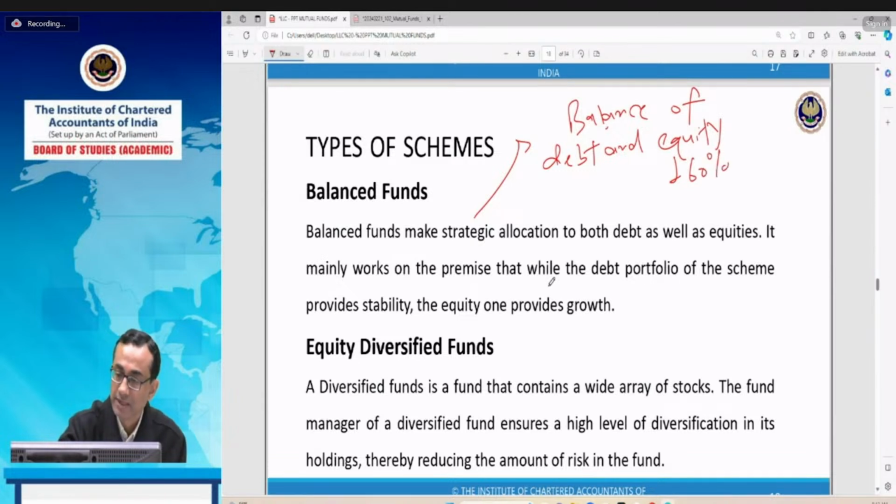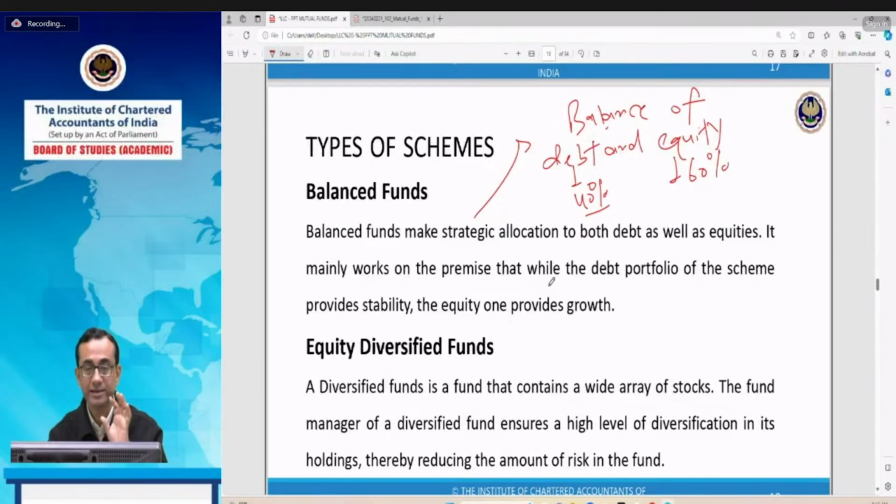So 60% in equity and 40% in debt. What is the idea of a balanced fund? The idea is to cater to those investors who want to take some amount of risk and are satisfied with a lesser amount of return in comparison to equity funds.